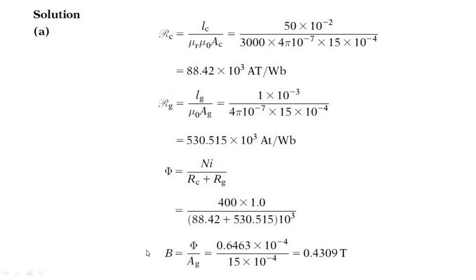Then flux is equal to mmf per reluctance. The formula was mentioned in the previous derivation.